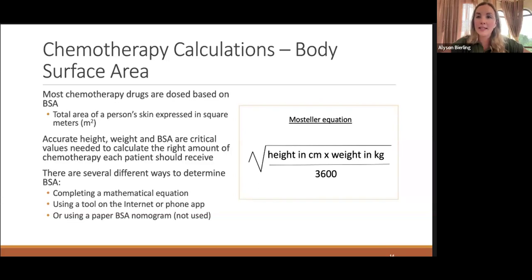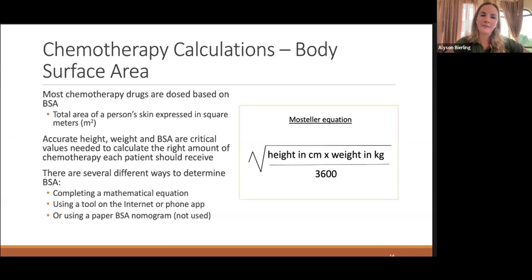There are tools on the internet. There's websites you can pull up, or on your phone, there's apps that you can use where you just plug in the patient's height and the patient's weight, and then it tells you the body surface area. If using that method, you just want to make sure that everyone is using the same app or the same link on the internet, so the same equation is used.